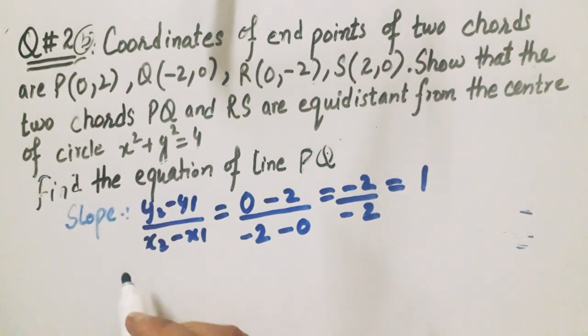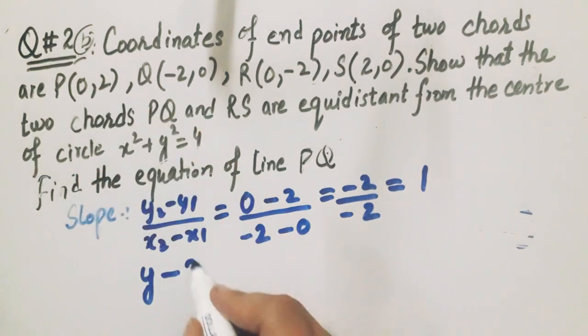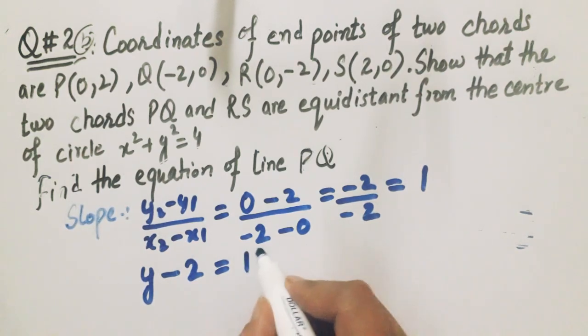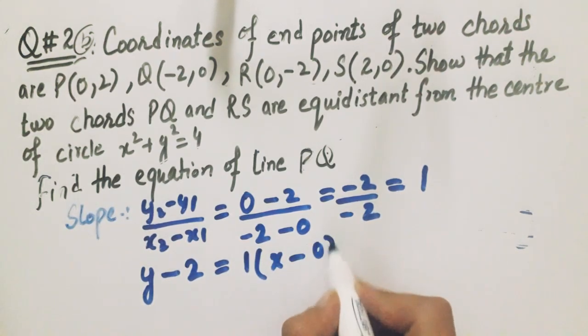Now using the point slope form with the point P, we will write the equation, that is y minus 2 equals 1 times x minus 0.